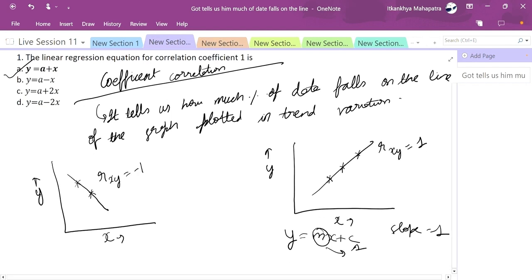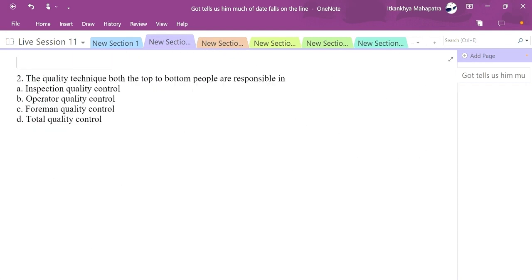The next question is, the quality technique in which people from top to bottom are responsible is inspection quality control, operator quality control, foreman quality control, or total quality control. How has quality been controlled over a period of time, and what different approaches have been developed?